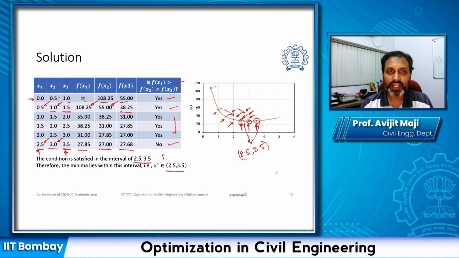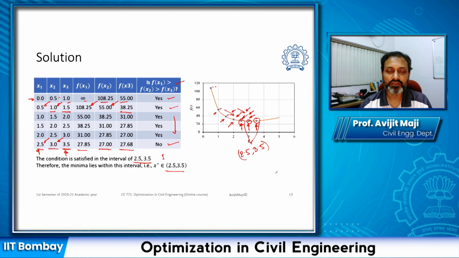So one has to be careful with the accuracy or the step size considered in the exhaustive search method. Whereas in the bounding phase method, no matter what step size we choose, it is going to come closer to the optimum solution. If we choose the initial guess point closer to the optimum solution, then the accuracy is going to be better and we can reach the optimum point sooner.